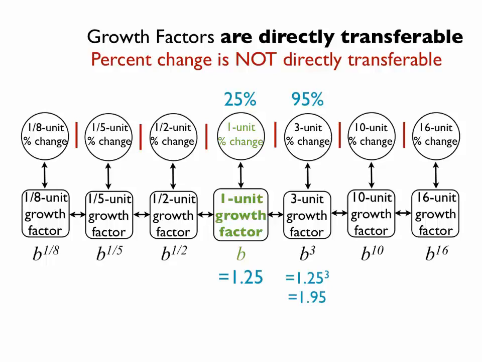Clearly, if you're growing by 25% every 1 unit, you're not growing by 75% every 3 units. You're growing by 95% every 3 units. Okay, why is that? What's happening that you don't get 75% change over 3 units? Instead, you get more. You get 95%.